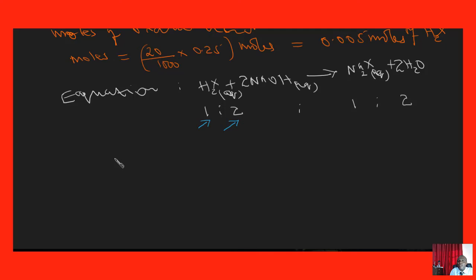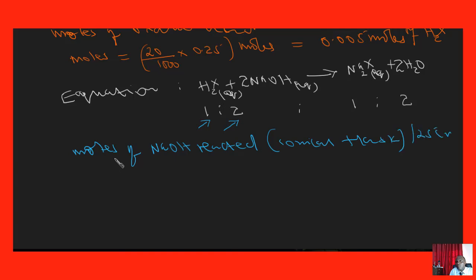Therefore, the moles of sodium hydroxide which have reacted, and remember these moles were in the conical flask, in 25 centimeters cubed because our pipette was 25 centimeters cubed, are 0.005 multiplied by 2, because we need double the number of particles of sodium hydroxide as those of oxalic acid.